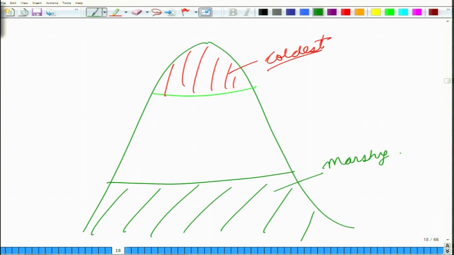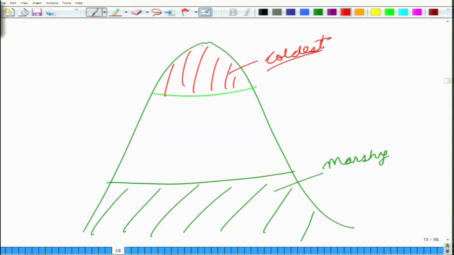So, this was a marshy area. It had a very high amount of infestation because of mosquitoes, and because this area was not being used by humans, there was also a reserve that was historically set up in this area. So, we have two reserves, one is this reserve and the second one is this reserve that already exists.